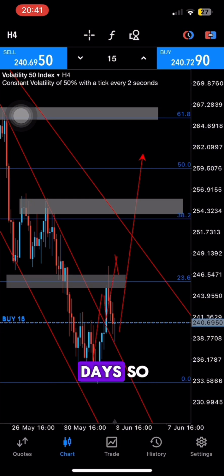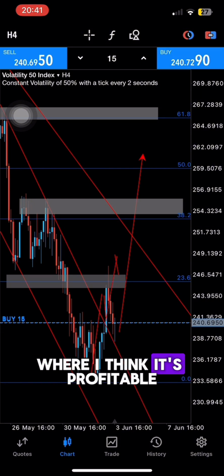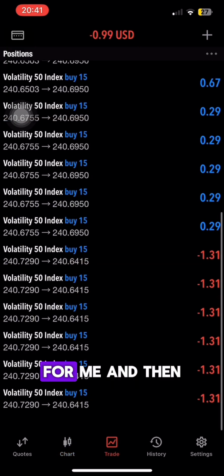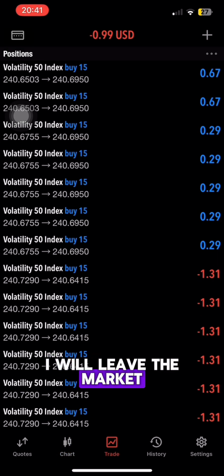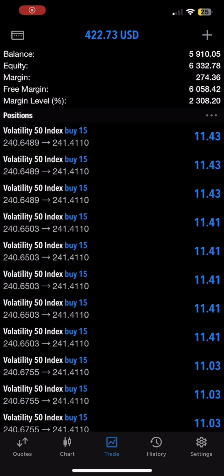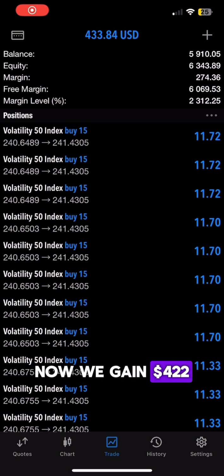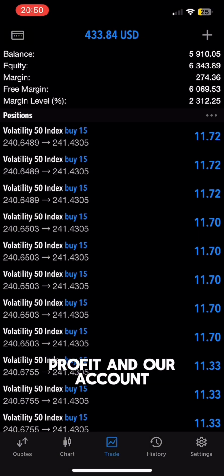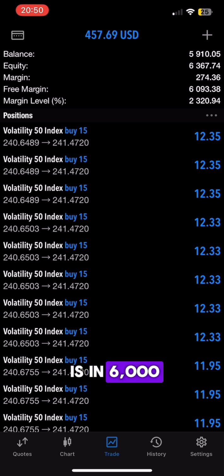So this might take days, so I'm just going to hold it to a level where I think it's profitable for me, and then I will leave the market. Sometimes you don't have to be greedy. Now we are in $422 profit, and our account is in 6,000.